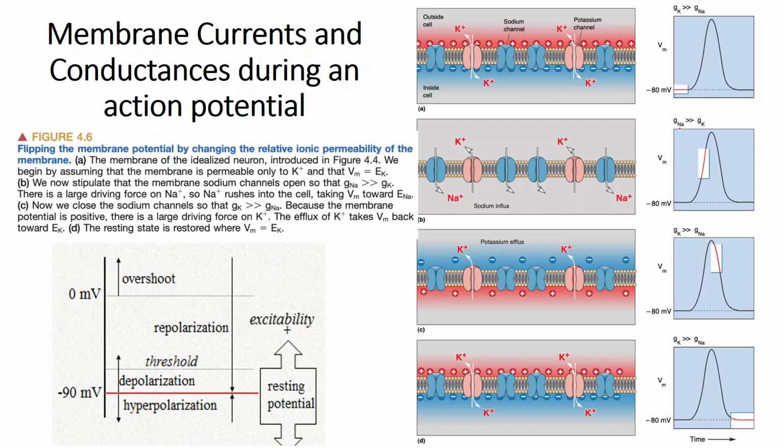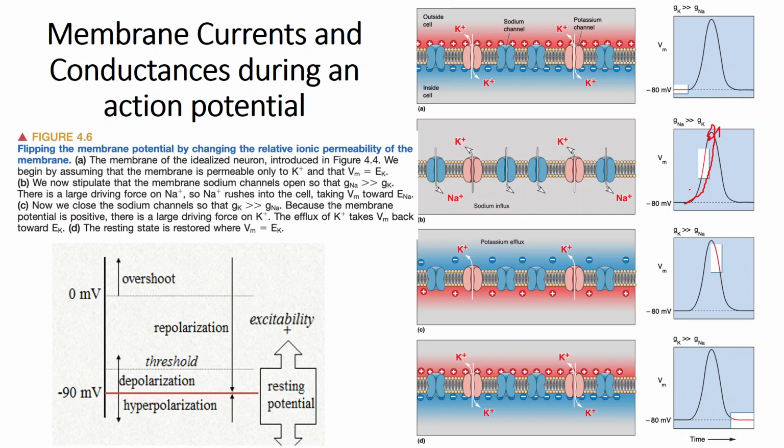Now, when the membrane reaches threshold, the voltage-gated sodium channels open, and so there is high conductance for sodium, and there is a huge ionic driving force for sodium to move to the inside of the cell. This will result in the depolarization of the membrane, okay?